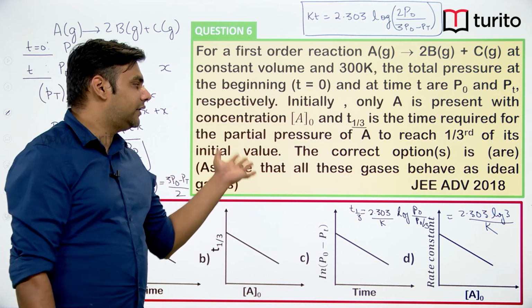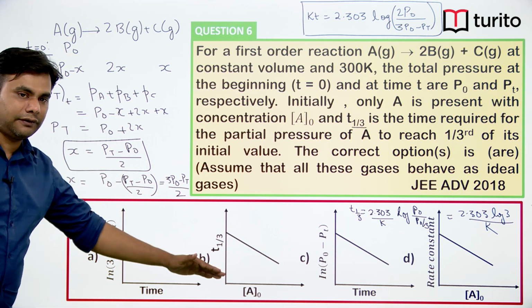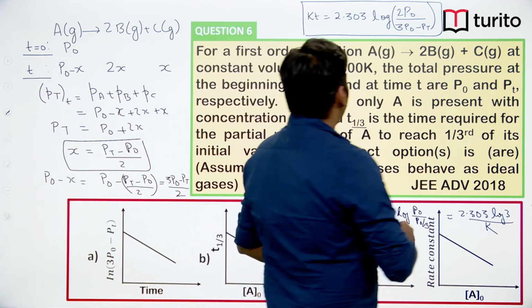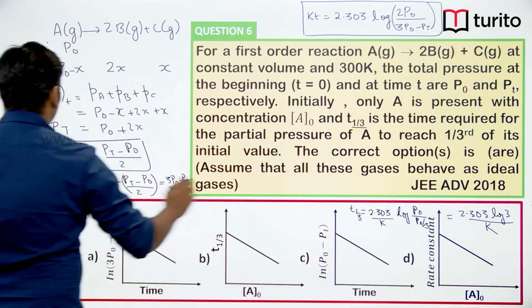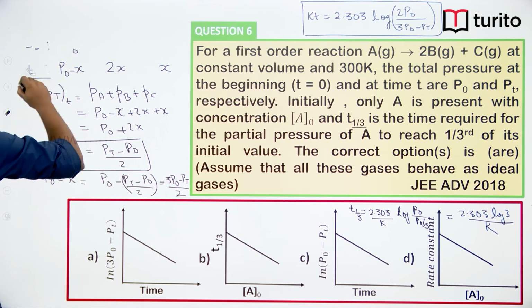Assume that all these gases behave as ideal. The first is the ln of 3 P naught minus PT versus time graph. Just have a look at this expression. I hope you have understood this portion, so I'm just going to erase this data.